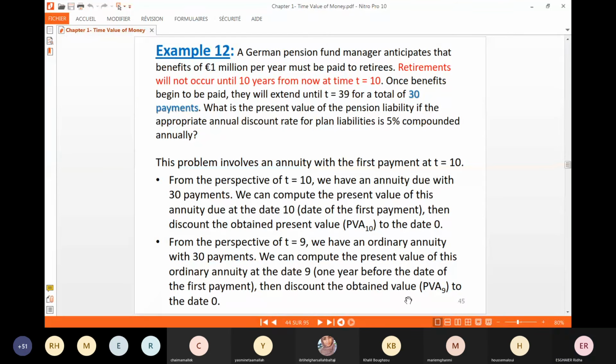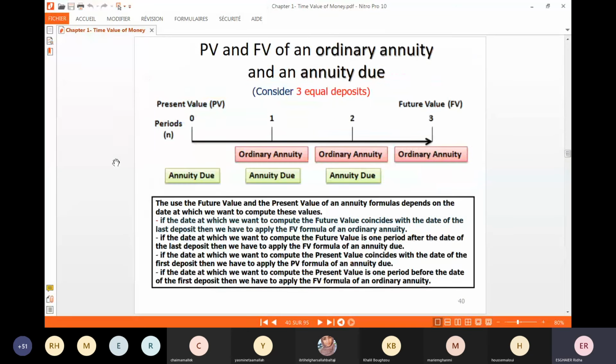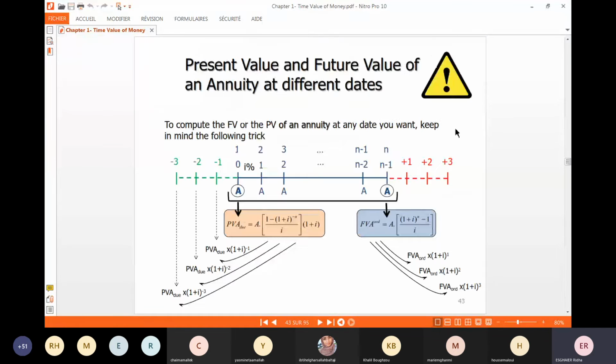For example, from date 1 to date 3 you have 1 year, 2 years, but you have 3 deposits: 3 minus 1 plus 1. The same thing here.